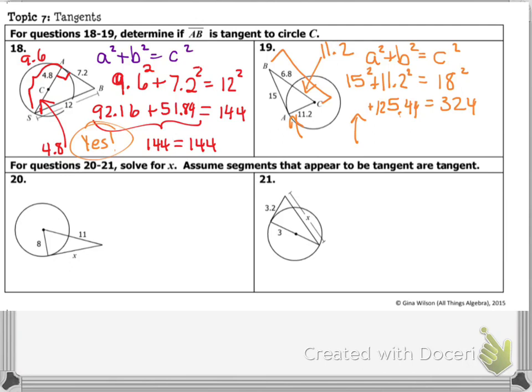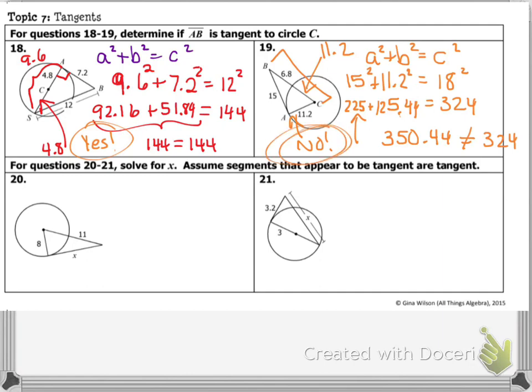So no, that is not going to be tangent because 225 plus 125.44 is 350.44, and that does not equal 324, so that's a no.